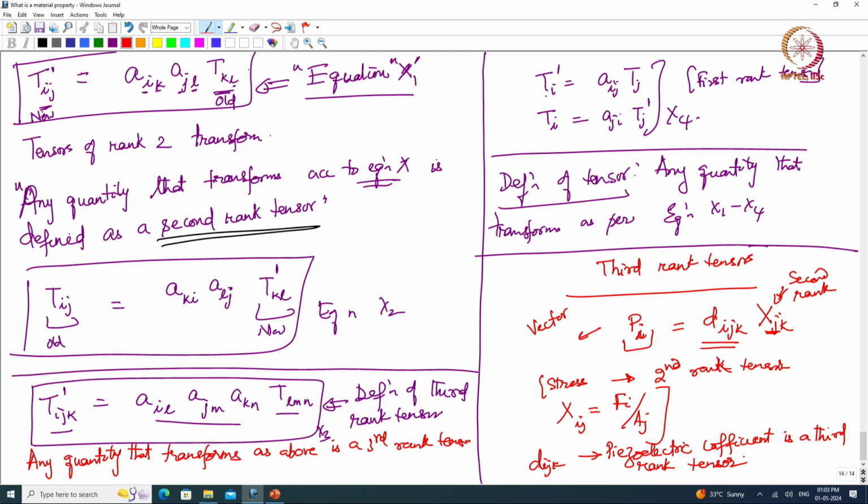Okay. So, we said pyroelectric coefficient is a first rank tensor or a vector, then we saw a bunch of second rank tensors, then piezoelectric coefficient is a third rank tensor.